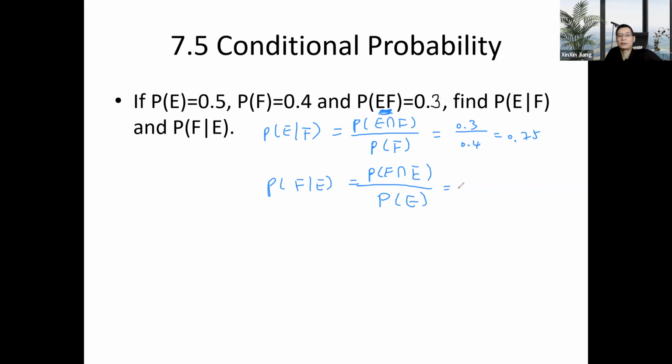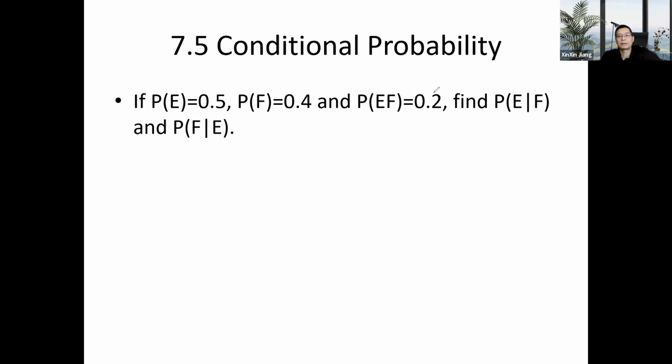It's the division that you can't, because the bottom is different. The numerator is still the same. So usually these two probabilities are different. That's 0.2, but I will probably go back to this problem.